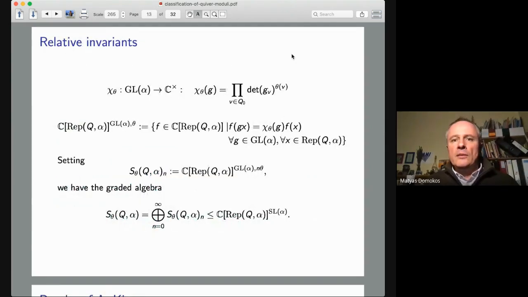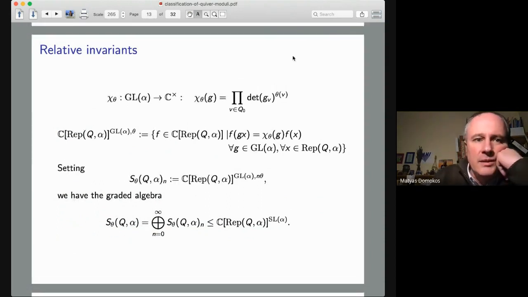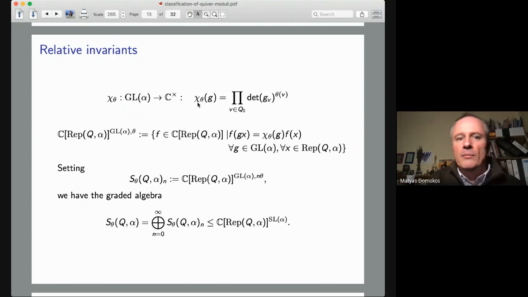The construction of these quotients involves relative invariants. With the weight theta, we can associate a character of the base change group, which I denote by chi sub theta of g.